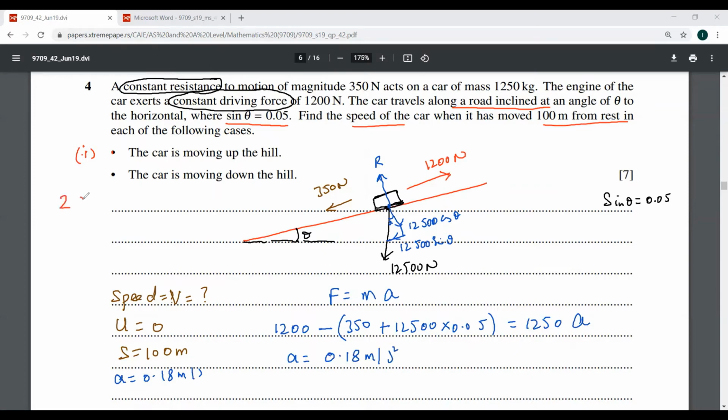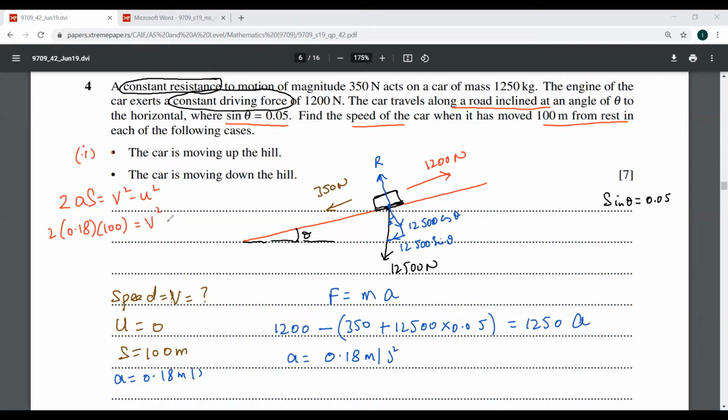I should be working under this, but since there's no space over here, I'm putting this at the top. When you're attempting a paper, please go in a sequence. Don't mess up the work like I am doing here. This really annoys the examiner. So 2as equals v square minus u square: 2 into 0.18 into the distance, which is 100.